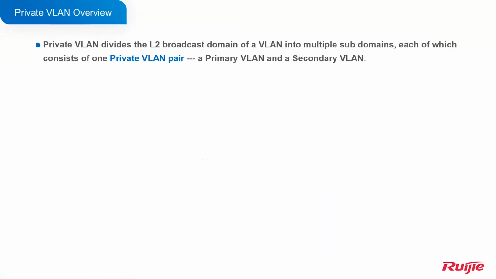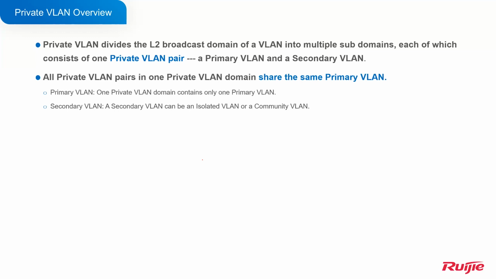So let's see how the private VLAN works and how it establishes layer 2 isolation in the network. Private VLAN divides the layer 2 broadcast domain of a VLAN into multiple subdomains, each of which consists of one private VLAN pair. One private VLAN pair consists of a primary VLAN and a secondary VLAN.